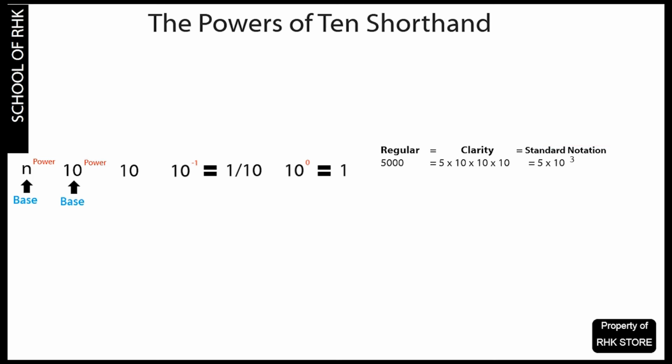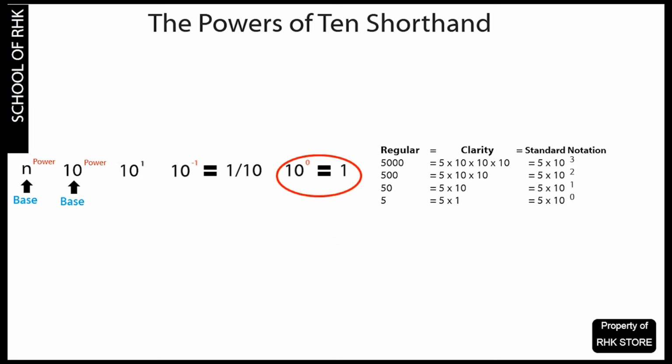Here the first regular expression is 5000. The standard notation in the powers of 10 shorthand of 5000 is 5 multiplied by 10 to the power of third. For 500, the standard notation is 5 multiplied by 10 to the power of second. For 50, the standard notation is 5 multiplied by 10 to the power of first.